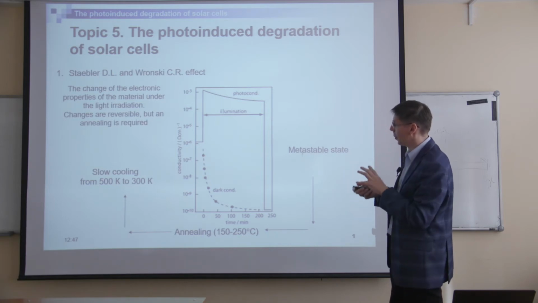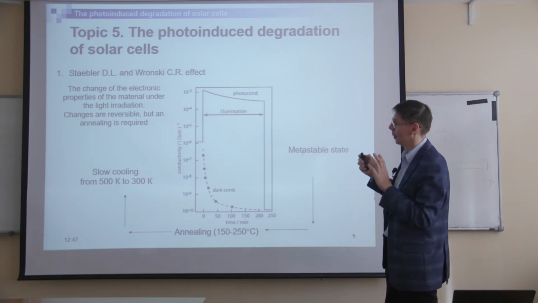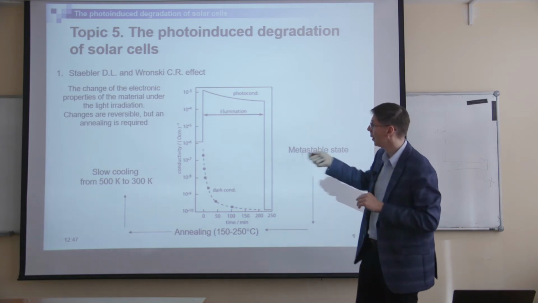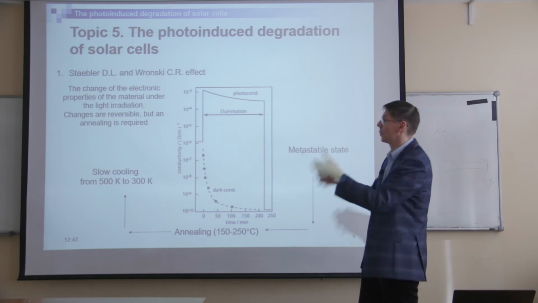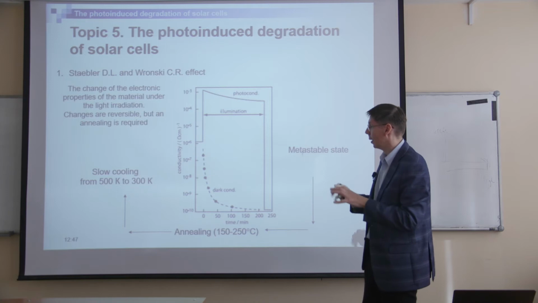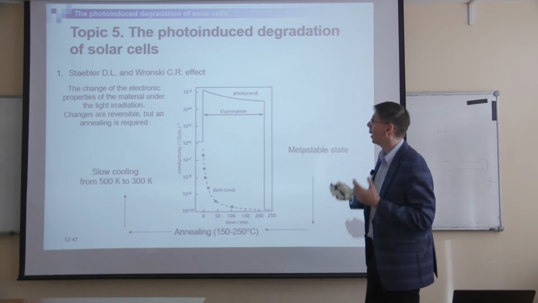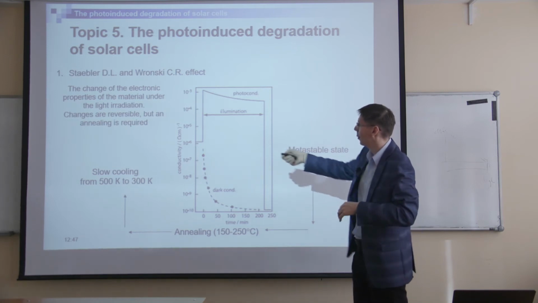Here is the famous diagram. When you have some conductivity of amorphous hydrogenated silicon, at the initial material you have just fabricated, you have this initial point in the dark. So it's a dark conductivity. Then you apply some light and you get photoconductivity.